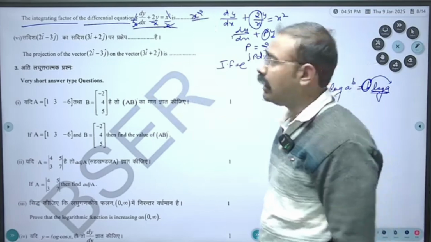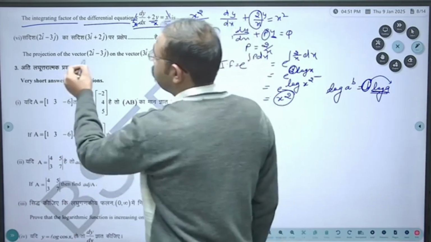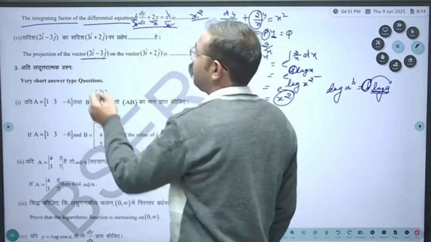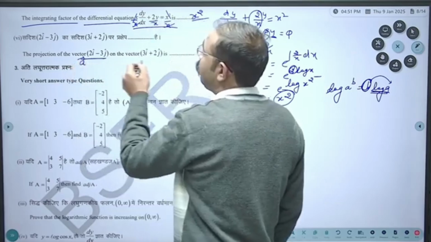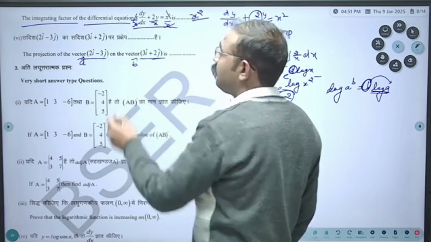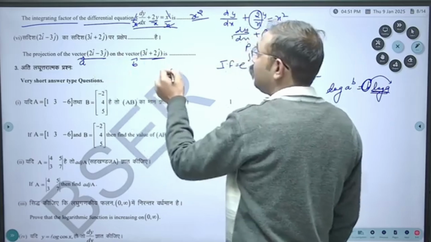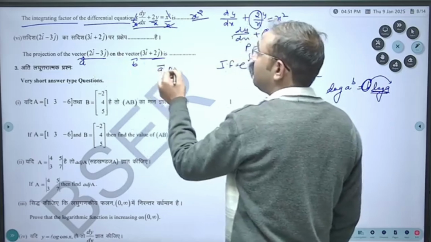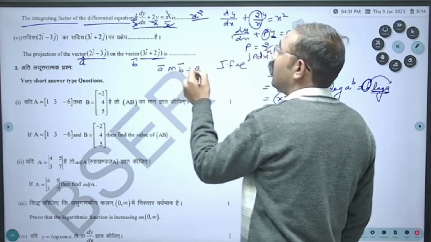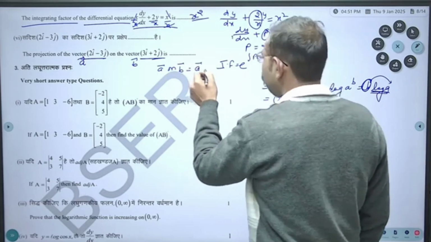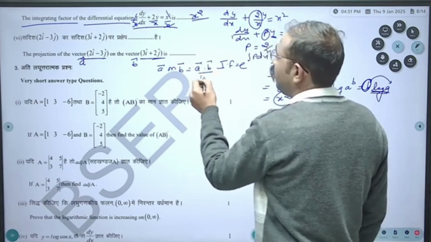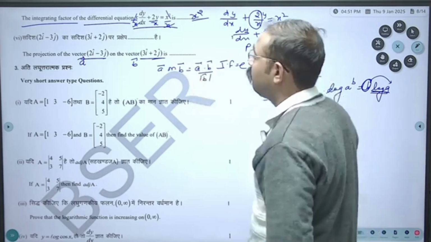Next is projection of a vector. Suppose this is the a vector and this is the b vector, and the projection of a vector on b vector, how do we evaluate? a dot b upon magnitude of b.